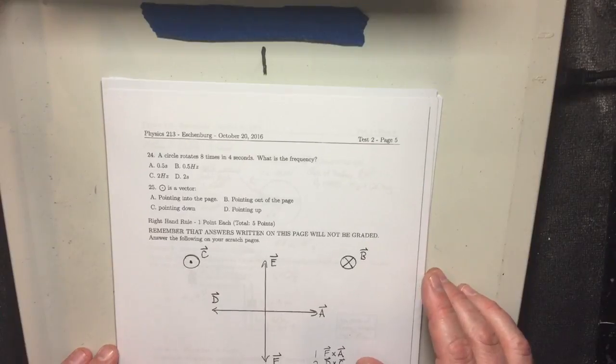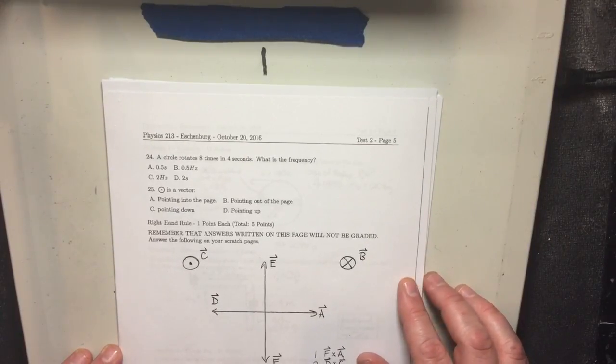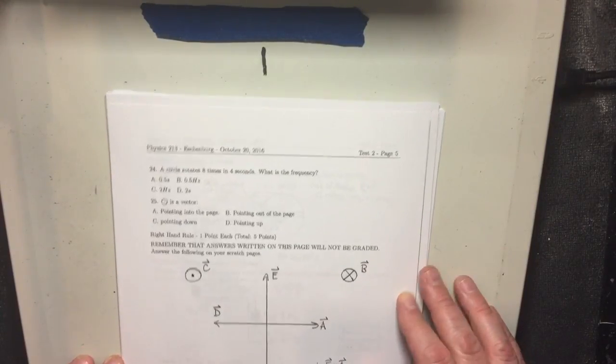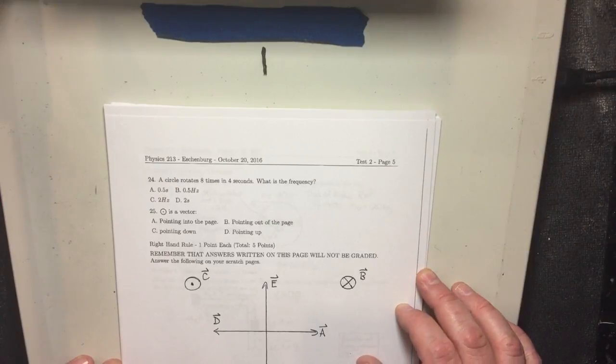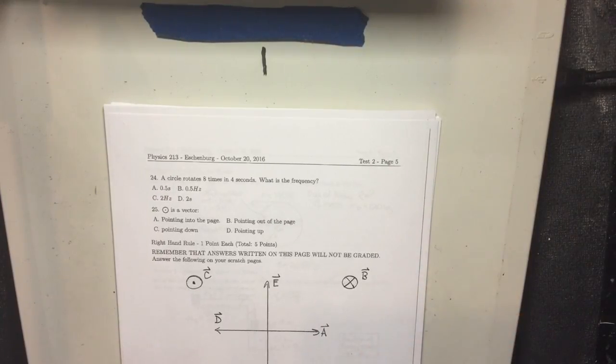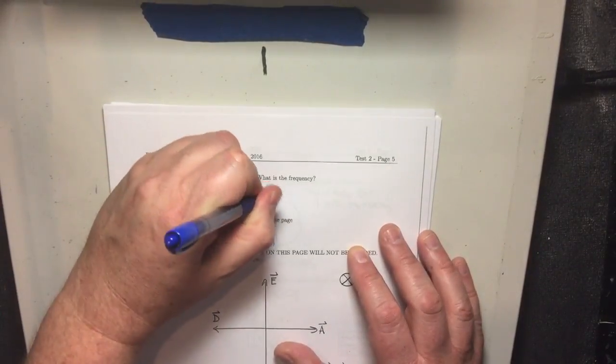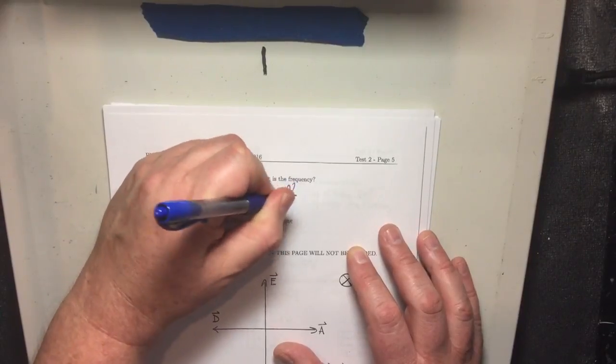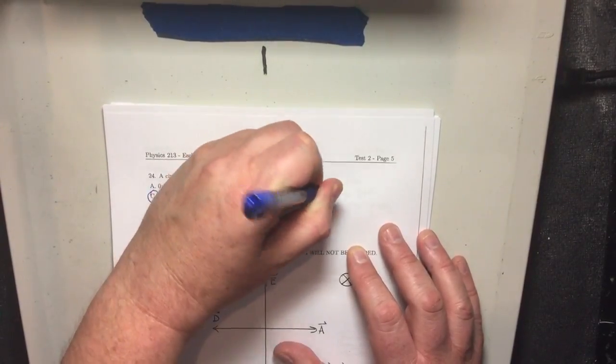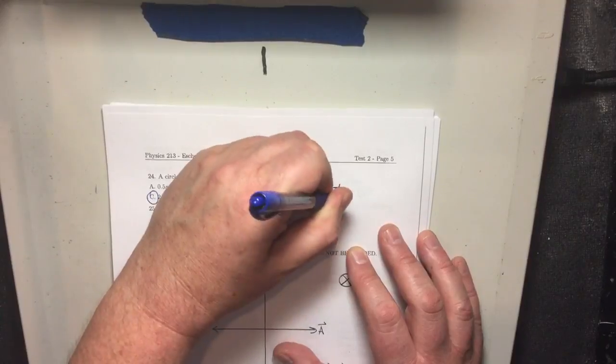Circle rotates 8 times in 4 seconds. What is the frequency? It's 2. So for frequency, you do number of times and how much time. Period is how much time for number of rotations.